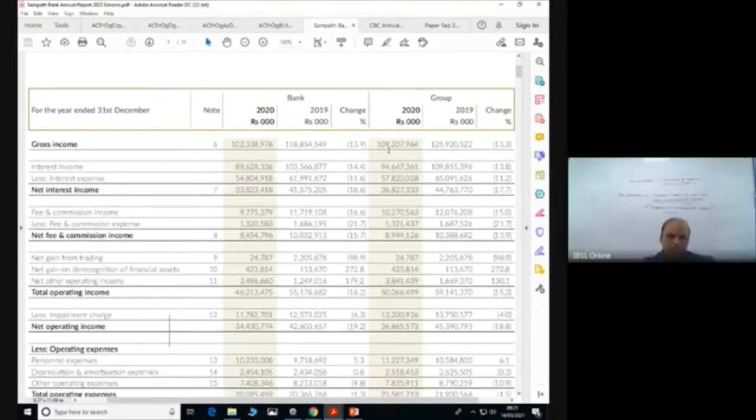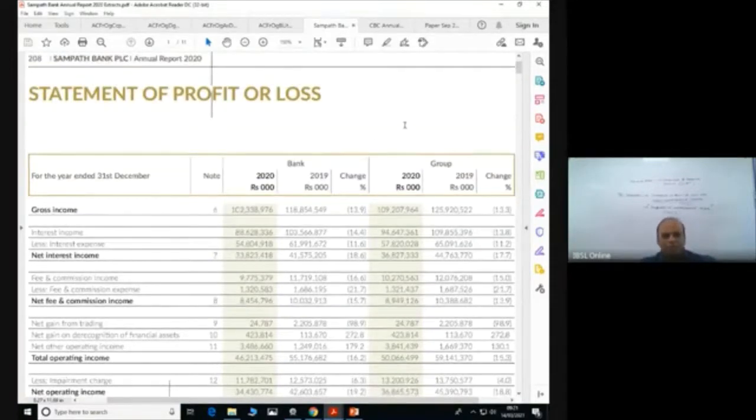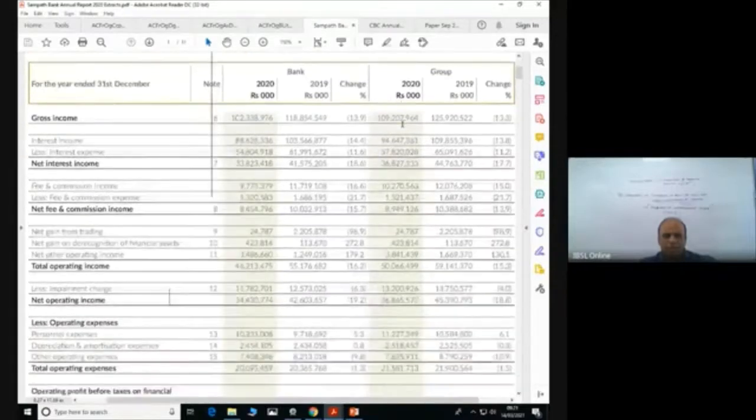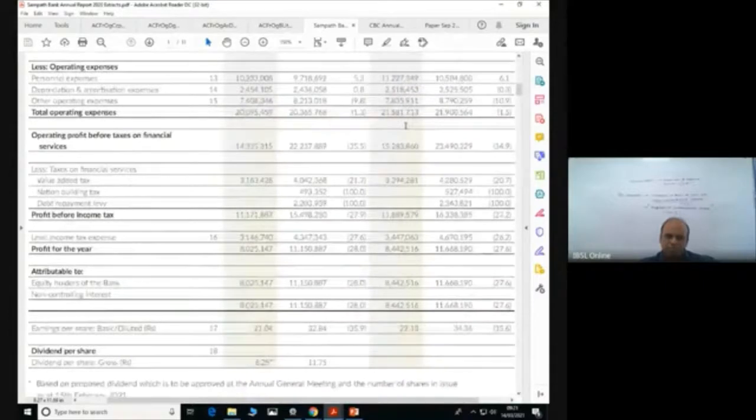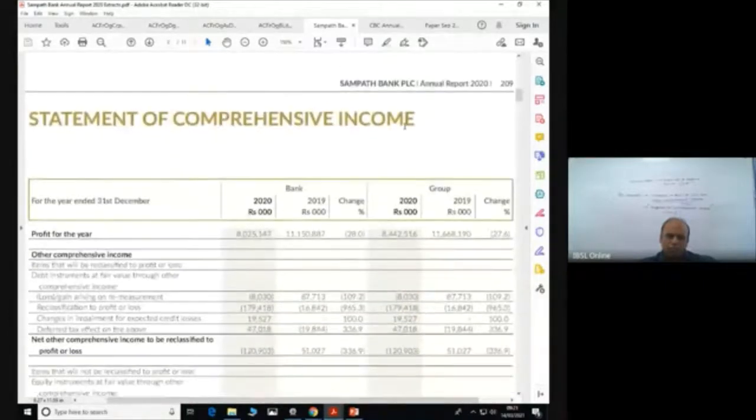Okay. So this is the statement of profit or loss. And now you must be wondering where this other comprehensive part is missing. Let's go to that also. You see now, what is this? Statement of comprehensive income. So how they do it is, they prepare the profit or loss separately, and then they bring the profit for the year here.